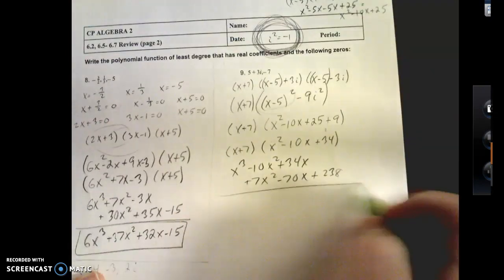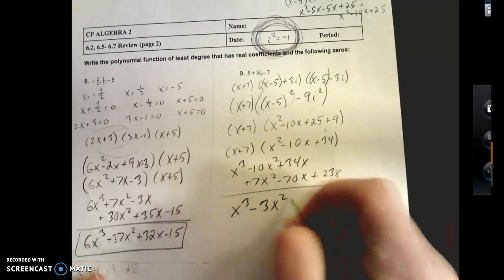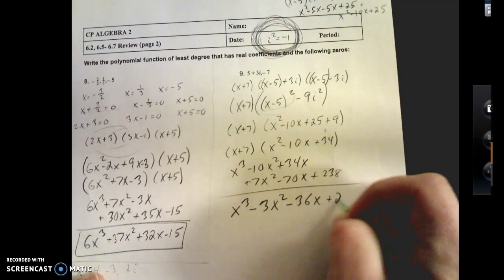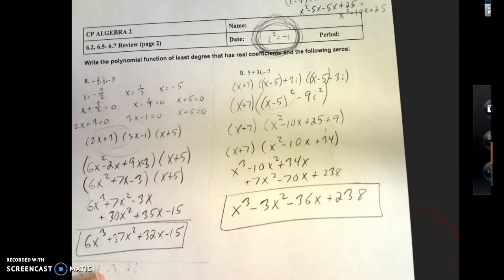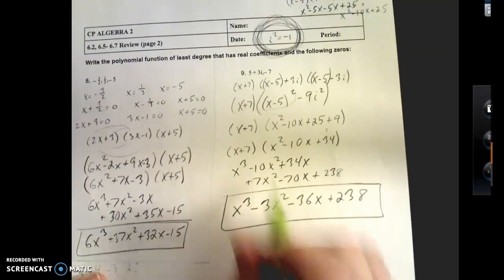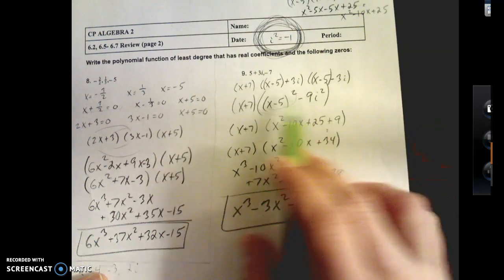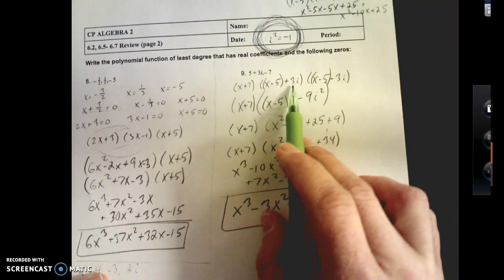So then if I combine like terms, we're looking at x cubed minus 3x squared minus 36x plus 238. Okay, all well. So again, that's definitely the hardest one. Okay, and it all stems from you have to have a positive or negative for your i. All right, that's the big thing.